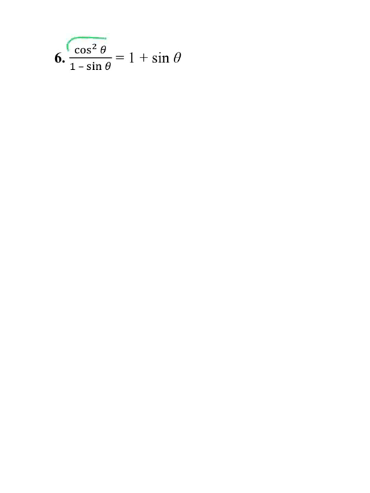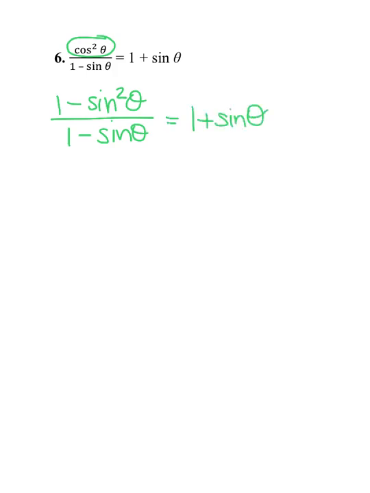So I'm going to substitute that cosine square theta with 1 minus sine square theta. Again, the reason is that everything is in terms of sine, so that might get me a little bit closer to verifying.